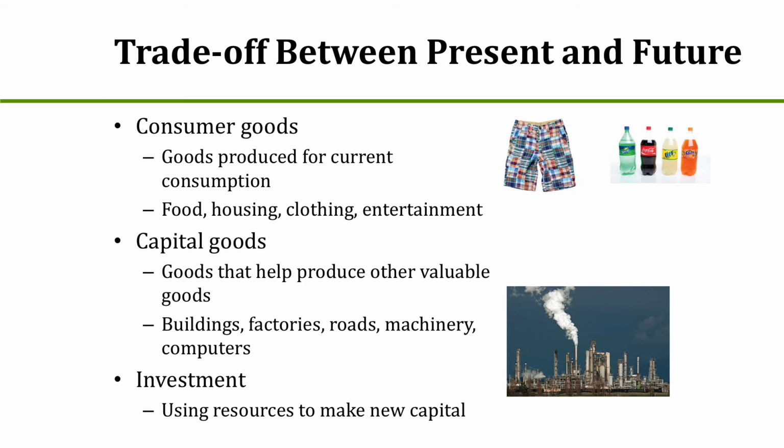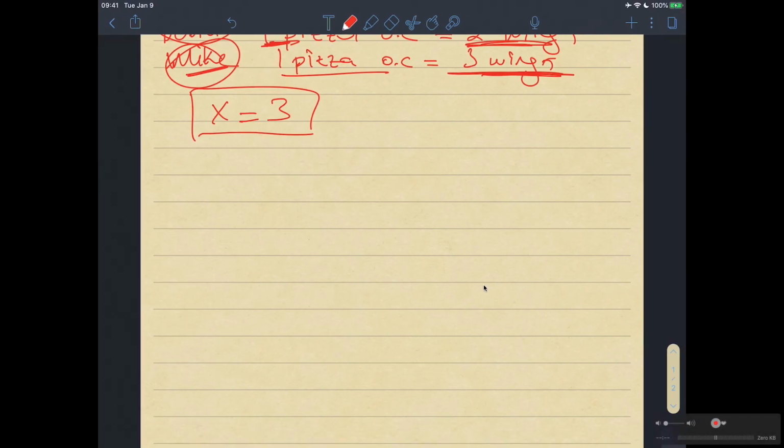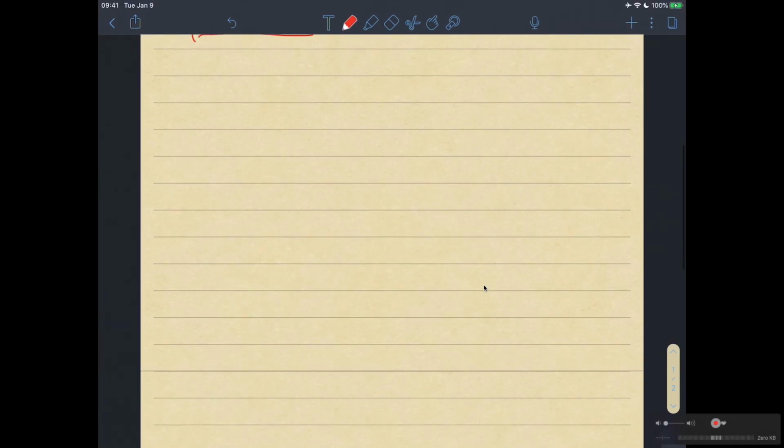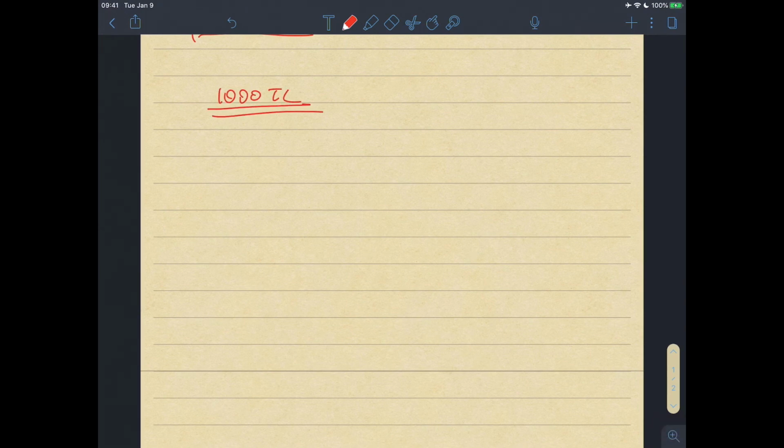And the cycle goes like that. Every month, let's say you receive 1,000 Turkish lira. With this amount, every month you decide on one thing only. You decide how much to consume.